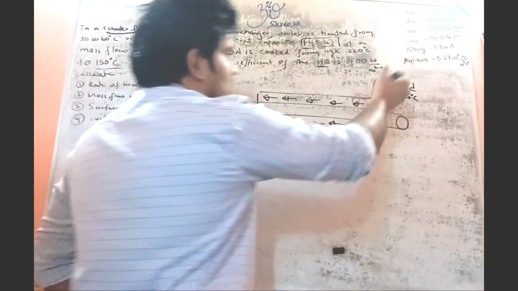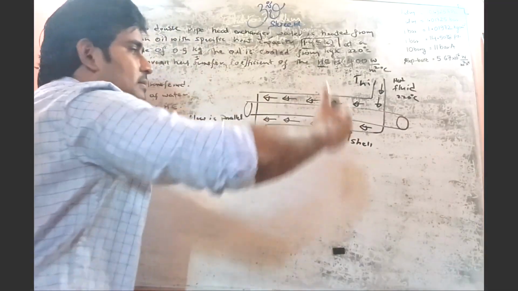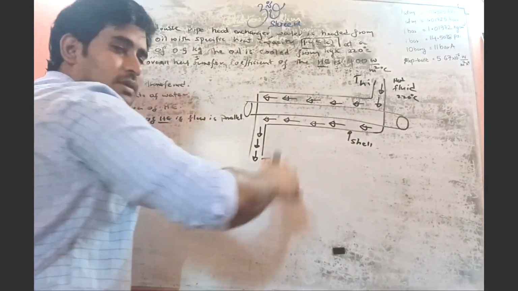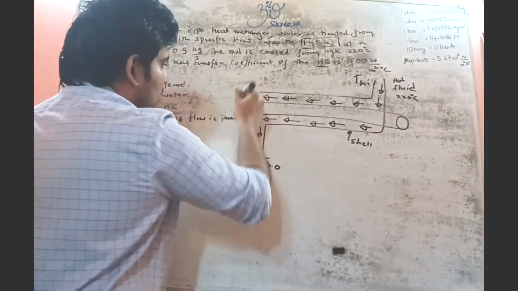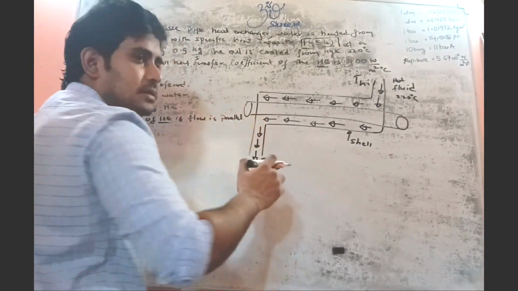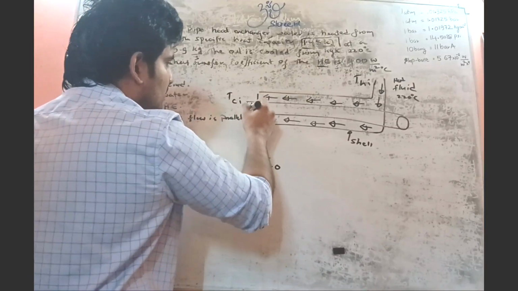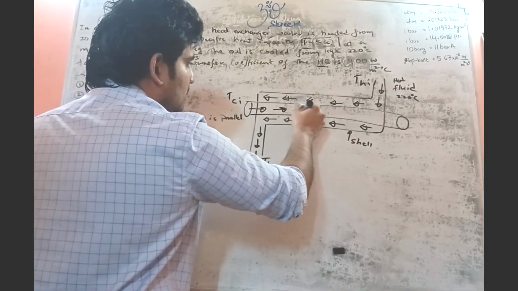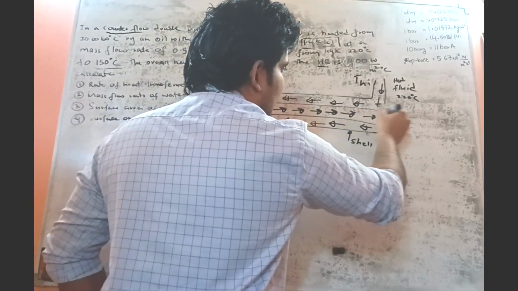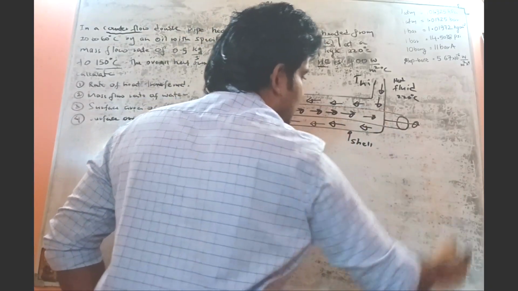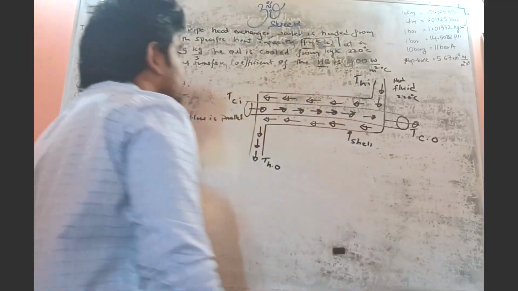And from this side we have the cold fluid inlet, T cold in. The cold fluid enters like that and exits from here, T cold out.